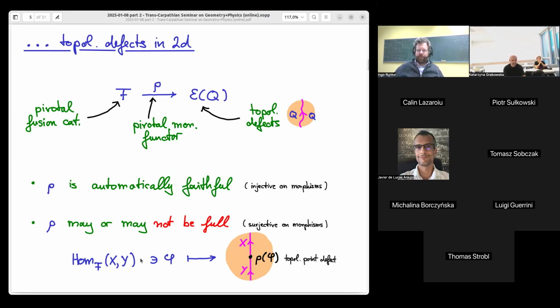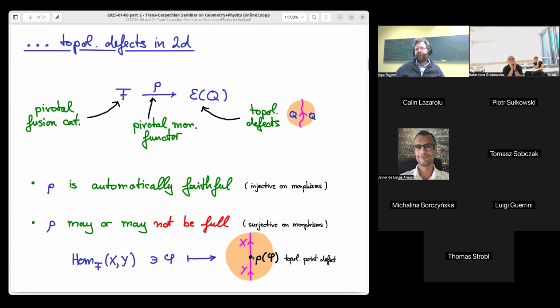Right? So that statement translates into this: if I have this category, which I want to understand as my topological symmetry, which I'm implementing in the quantum field theory, and I take a morphism in here, so that's the space of morphisms, I take one, then it gets mapped to a point defect between two topological lines.